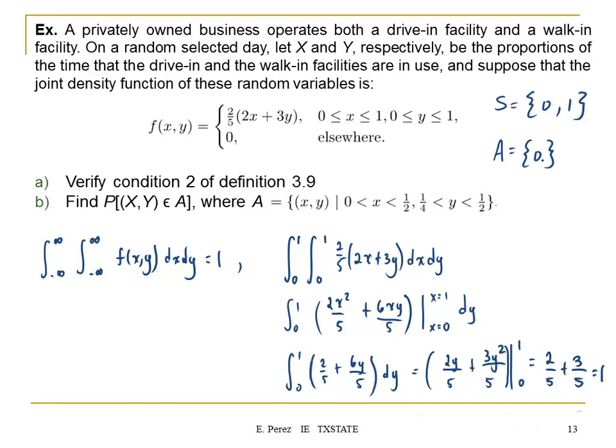So in this case, the event is the following. We are trying to find the event of x and y being within these limits. That's the event. Okay? So let's find that.